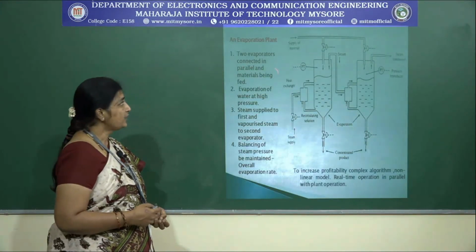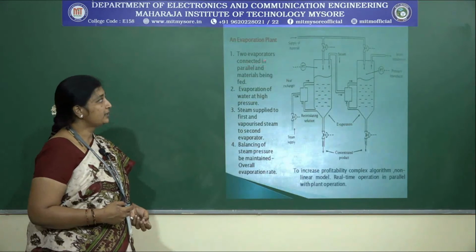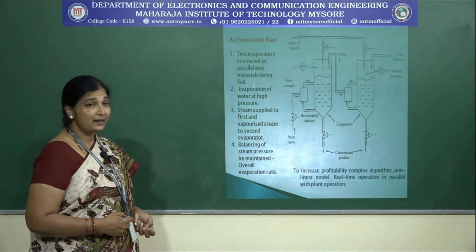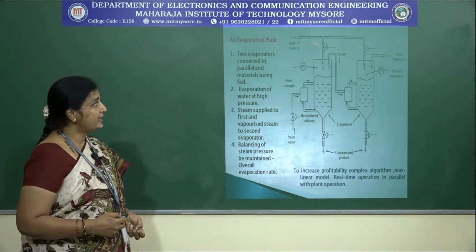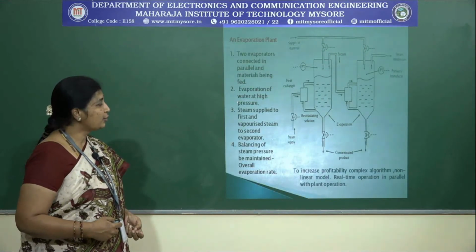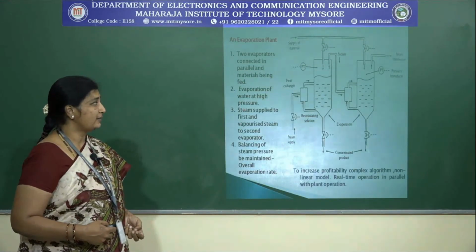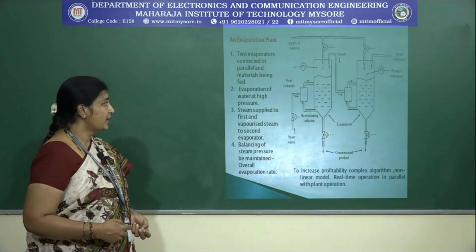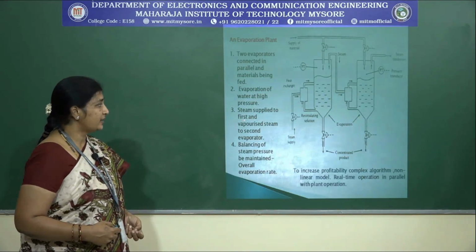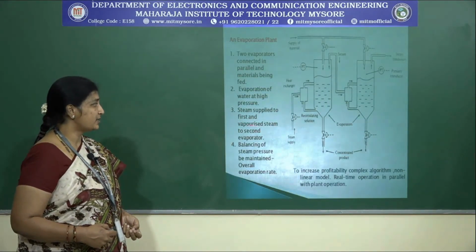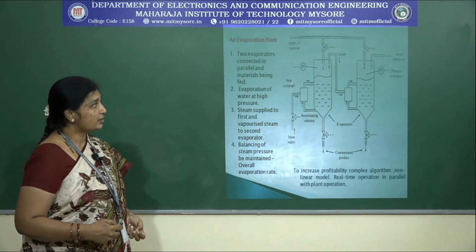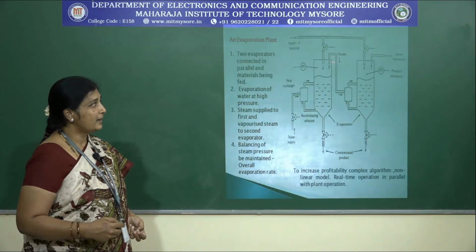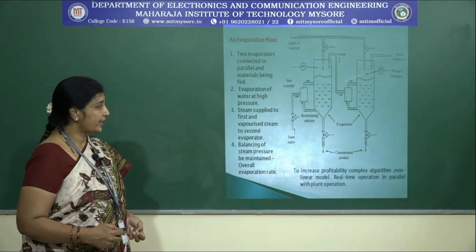It says that two evaporators are connected in parallel and materials are being fed as seen here. Evaporation of water uses a very high pressure. So the steam is supplied to the first and the vaporized steam to the second. The first you will be feeding, and automatically the steam is fed to the second chamber.